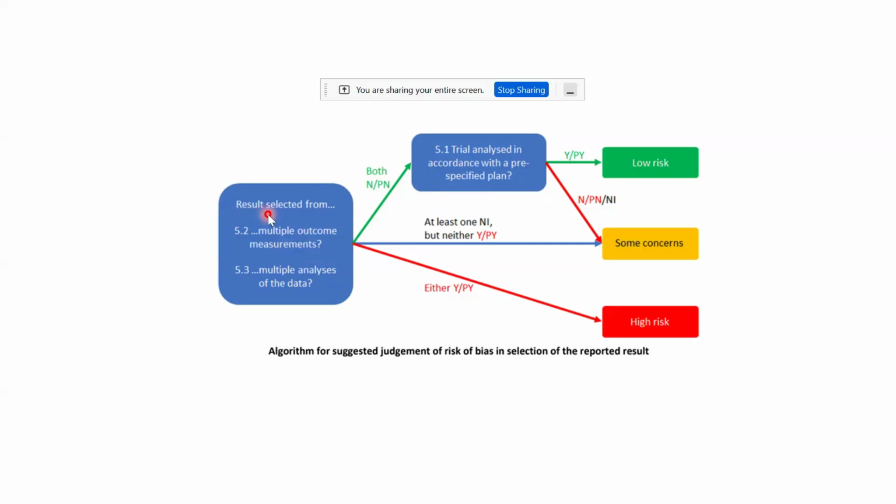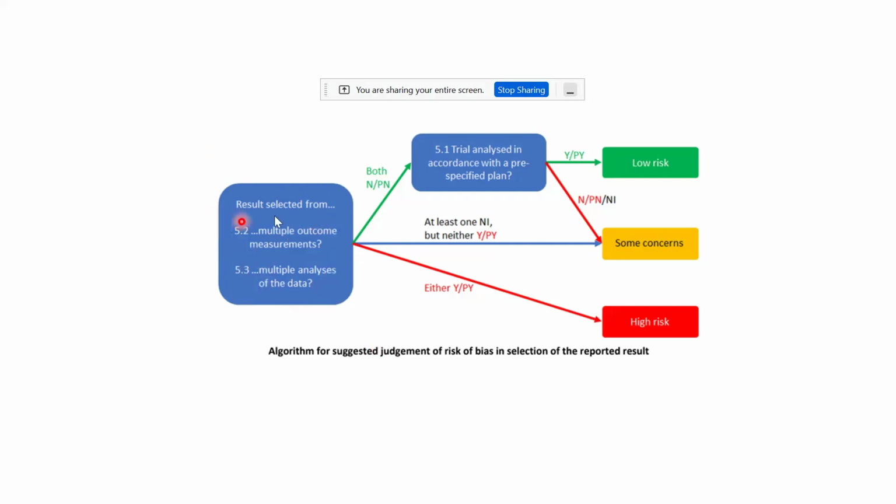For example, in the previous example of tuberculosis recovery, suppose outcome has been measured clinically, microbiologically, and radiologically, but only one of these methods of outcome assessment is reported, then this does mean that the result has been selected from multiple outcome measurements. Or 5.3 is, has the result been selected from multiple analyses of the data? They have analyzed the data in different manners, and whatever was favorable to them, only that they have reported. So this is what it means.